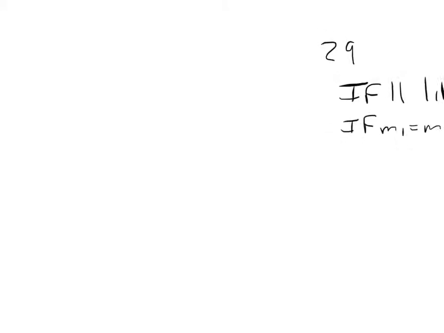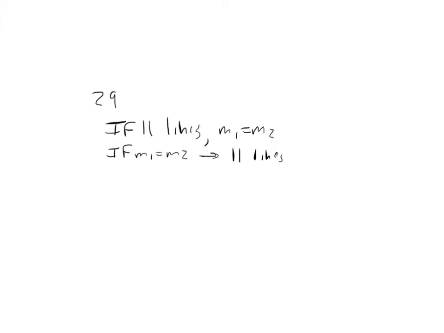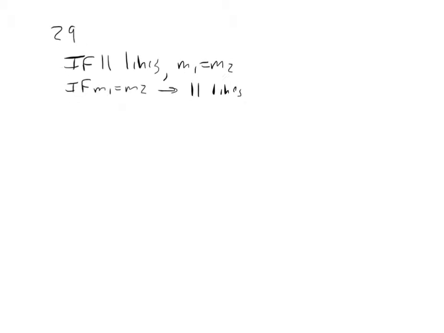And for 30, you are looking to prove, again, a two-way theorem, that two lines are perpendicular if and only if their slopes are negative reciprocals, meaning if you have perpendicular lines, then you get negative reciprocal slopes.